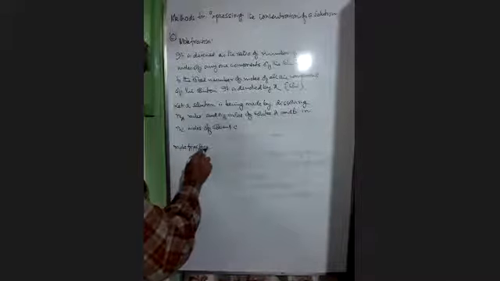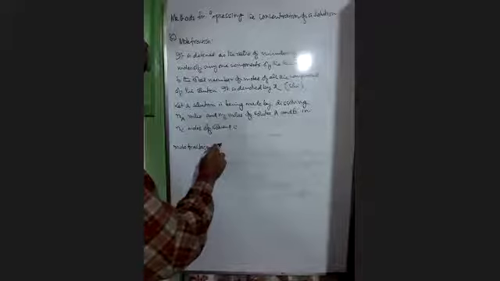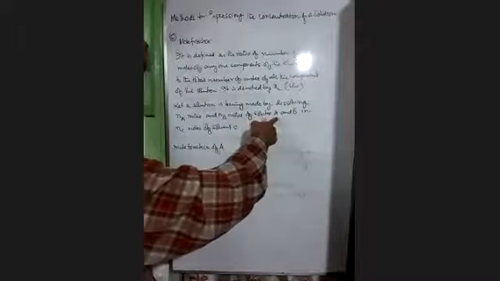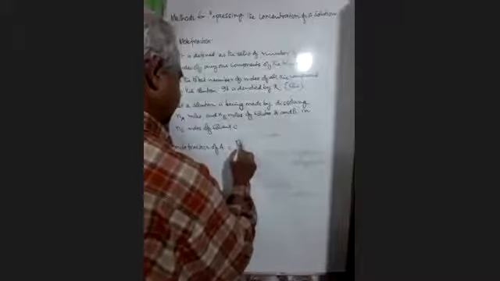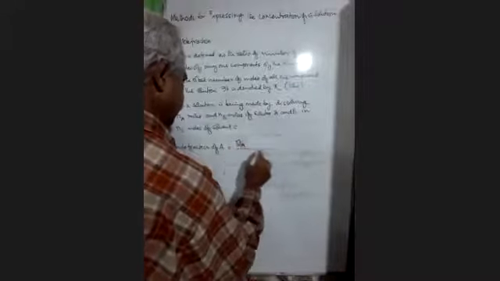Okay, so let me write here mole fraction of A. See, A. How many moles are there? NA. Then A is subscript. By what? By the total number of moles of all the components of the solution.